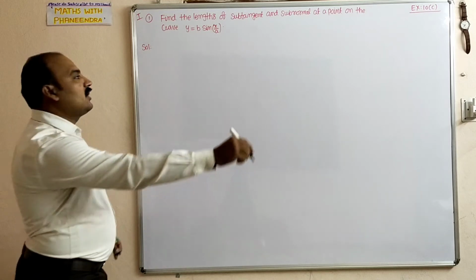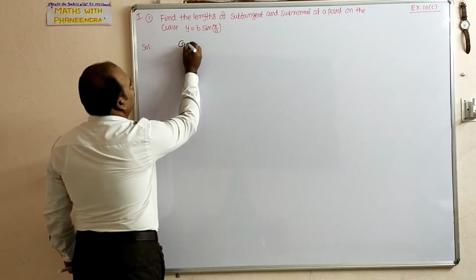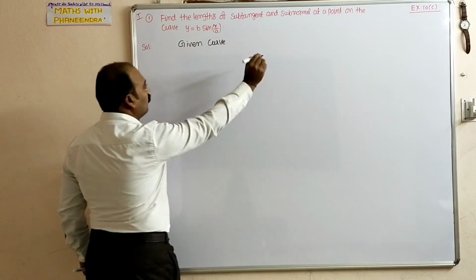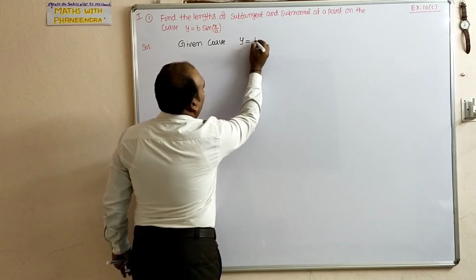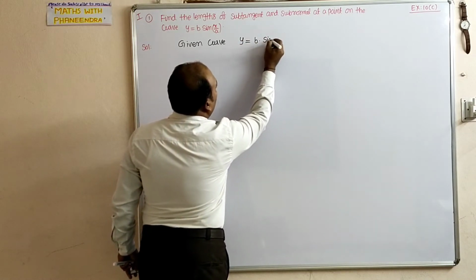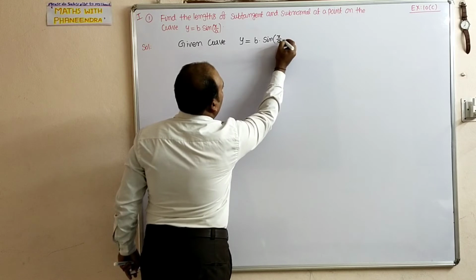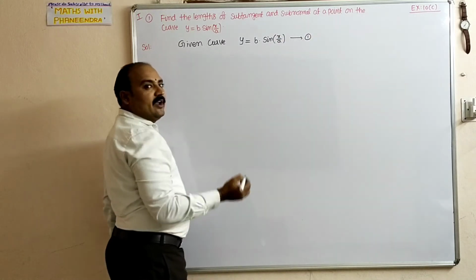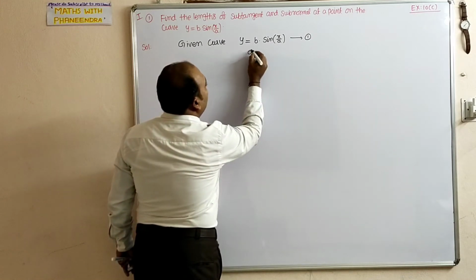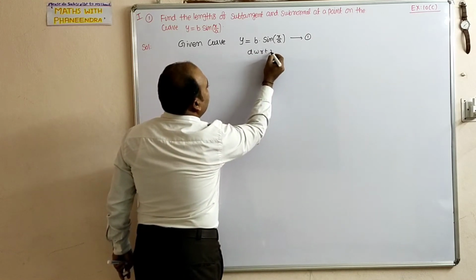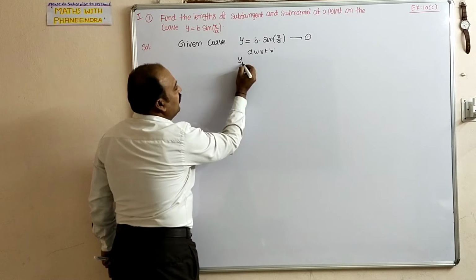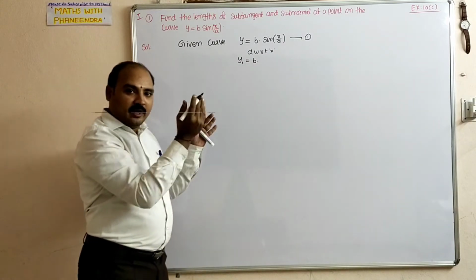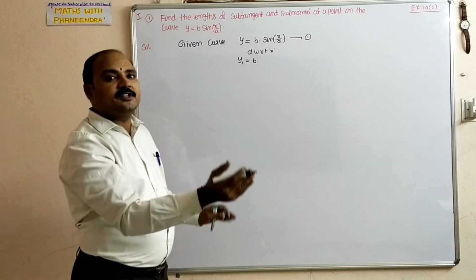First, what is the given curve? Given curve: y is equal to b into sine of x by a. Put that as equation number 1. To get the y1 value, differentiate with respect to x. Y derivative is y1. B is a constant, we can take it outside, and then differentiate the function.